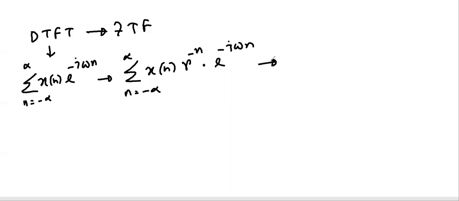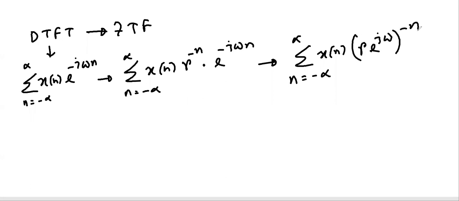It can also be written precisely here: the sum over n from minus infinity to plus infinity of x[n], and we take the value r e to the power j omega, whole to the power minus n.